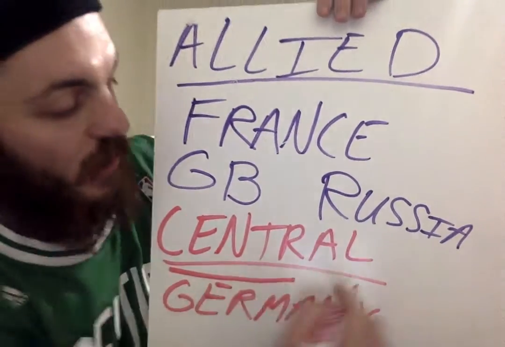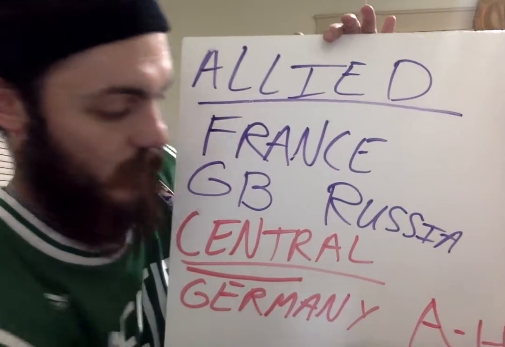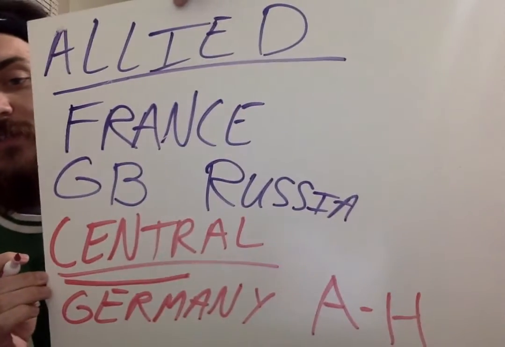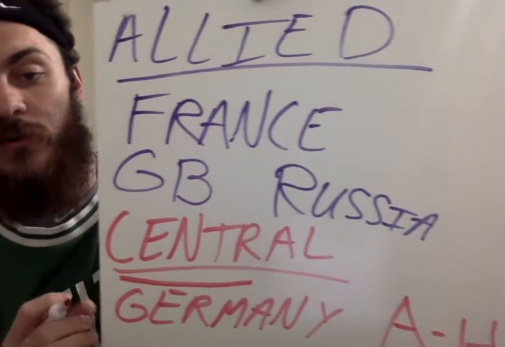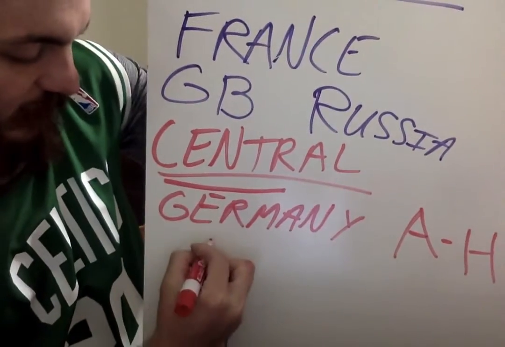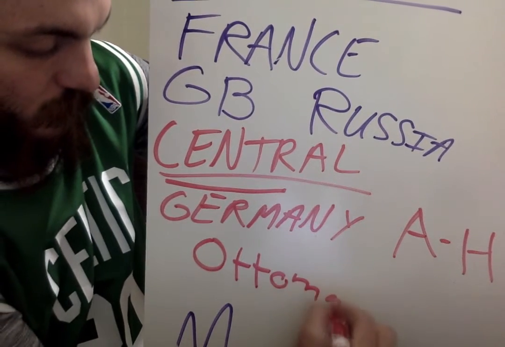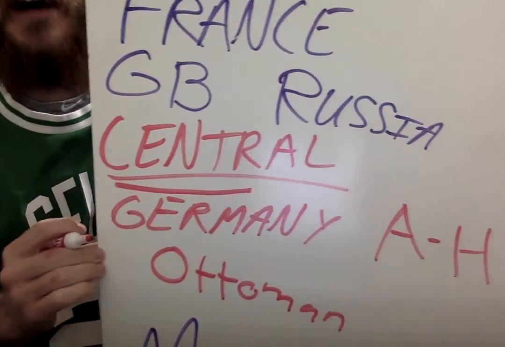That is going to be Austria-Hungary. I will just put an A-H, if you see that right there. We have those, as well as one more that we're not going to have a lot of time to talk about. We're going to talk about the Ottoman Empire.